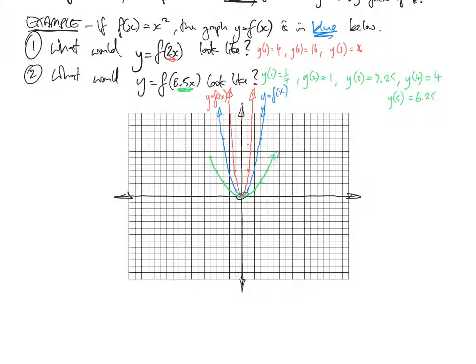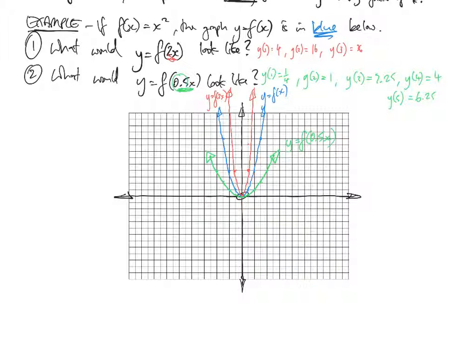So you can see that when the constant is between 0 and 1, and it's multiplying the variable, it's actually caused a horizontal stretch out away from the y-axis by a factor of 1 on k. Is that correct? Well, 1 divided by k, which is a half here, is 2.